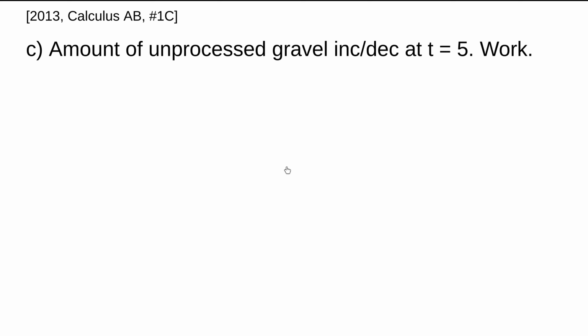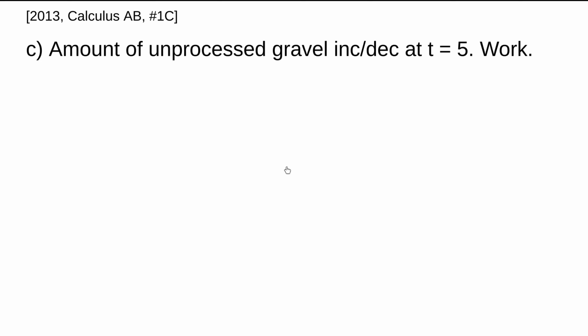In part C of the question, we are asked to find the amount of unprocessed gravel and determine whether it's increasing or decreasing at t equals 5 and to show work. So the amount of unprocessed gravel will take into account the rate at which gravel is arriving, the rate at which it's getting processed, and whether it's increasing or decreasing.